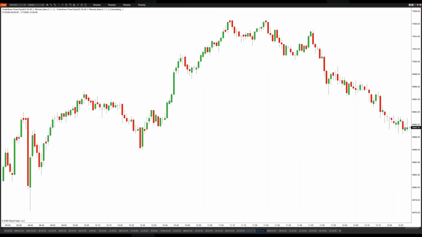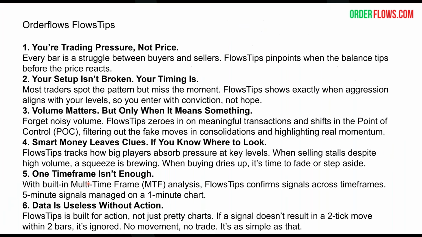Getting back to just really quick, I just want to talk about something here. I'm going to show you guys in a second this POC filter. It is kind of a momentum filter, but more importantly, it's probably more of a breakout filter than a momentum filter.